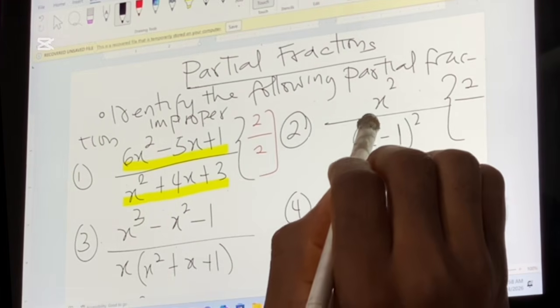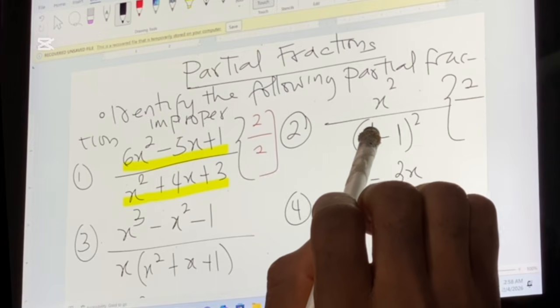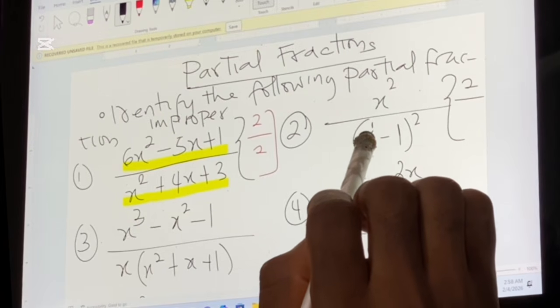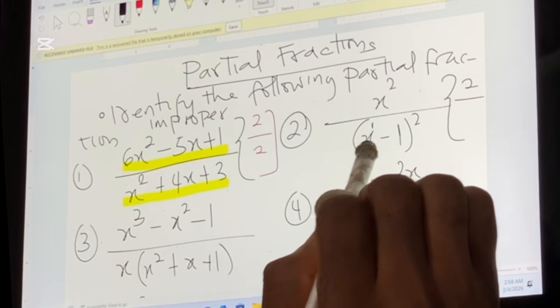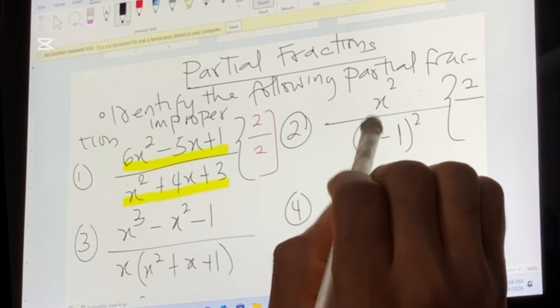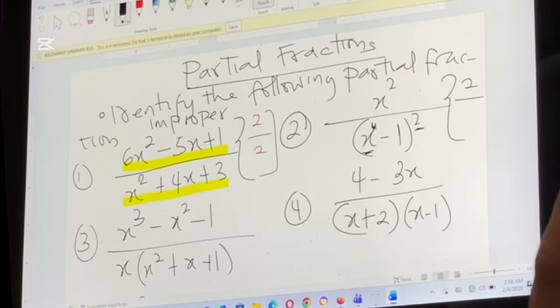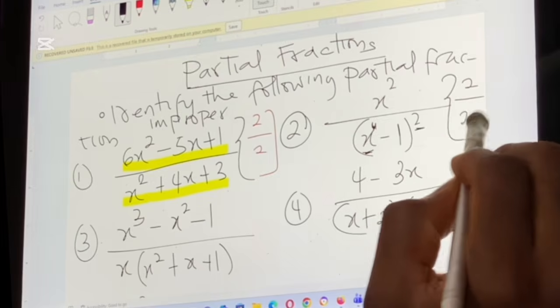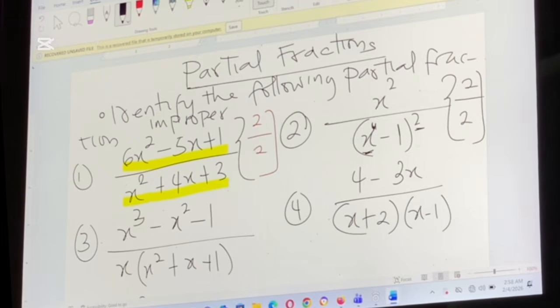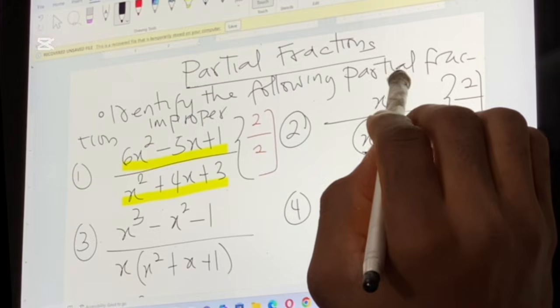It's not 1, please take note. For us to get the total power of s here, since it's squared here, I'll multiply this power with this power here. Please take note, it will be 2. So we have 2 at the numerator, 2 at the denominator. So this will be improper.